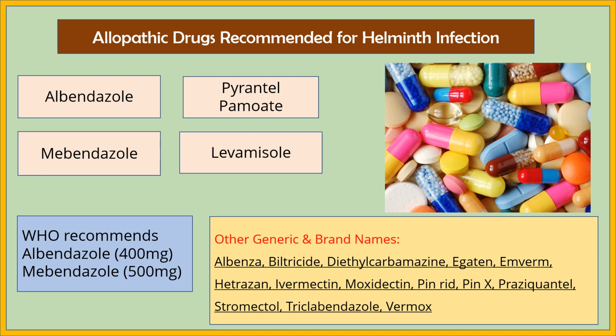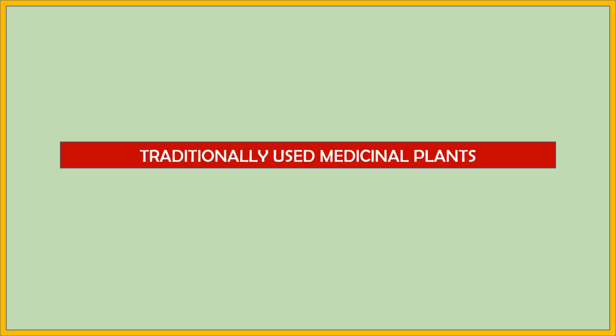But you will see many other brand names or generic names out of this for antibiotics. So we can say that albendazole and mebendazole are the prime drugs for this problem.